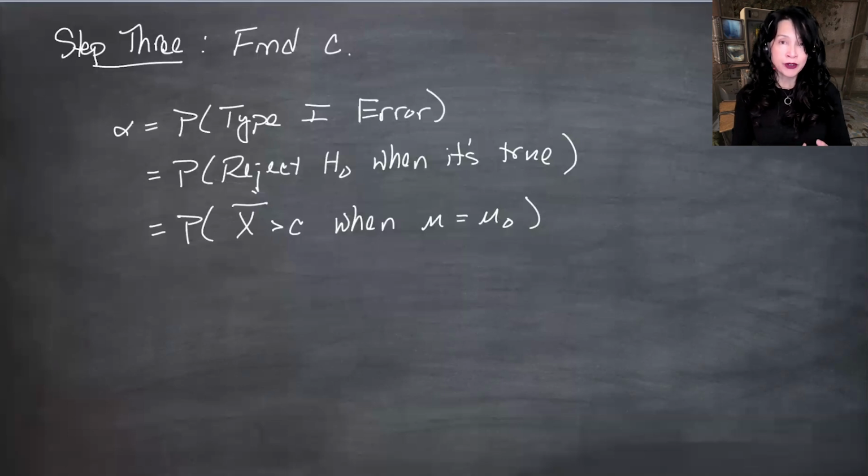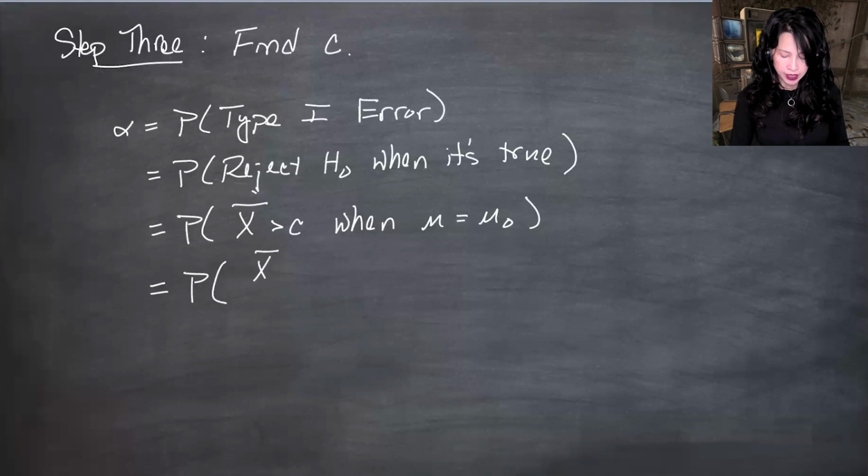So I'm going to standardize my x bar using the sample variance, and let's do it on both sides here. I'm going to take x bar symbolically over here minus the mean over the standard deviation, which is capital S, which is the square root of our sample variance, over the square root of n.